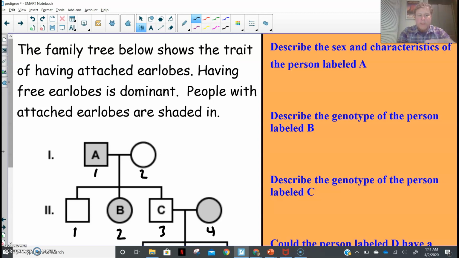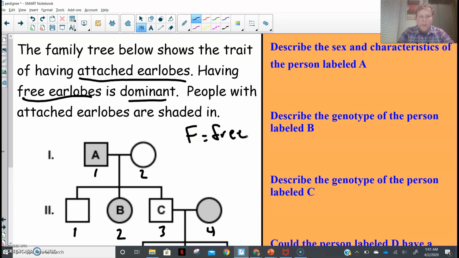It says, the family tree below shows the trait of having attached earlobes. It says then having free earlobes is dominant. So I can write a capital F equals free.